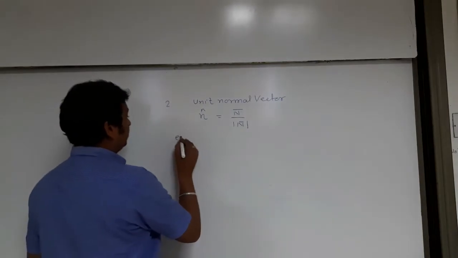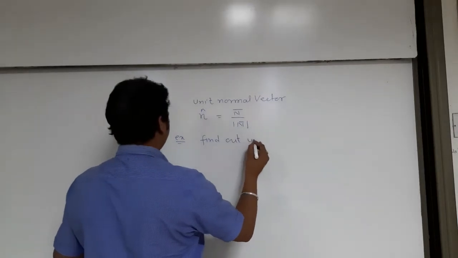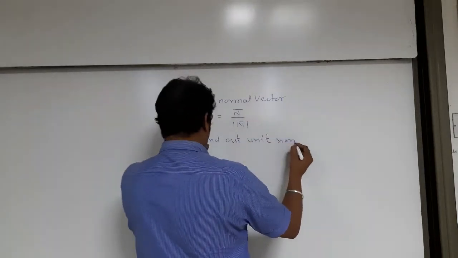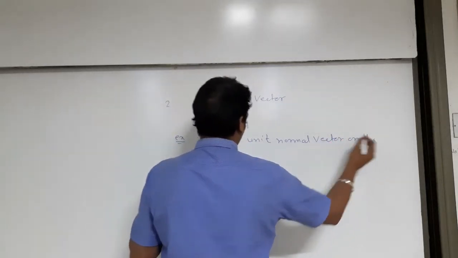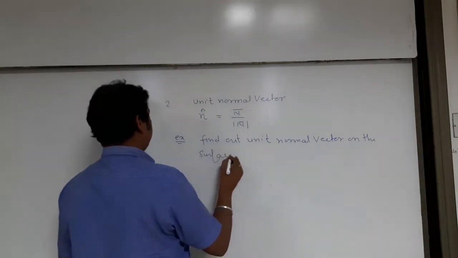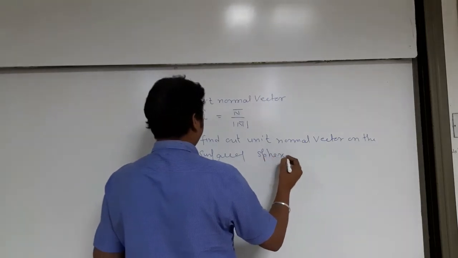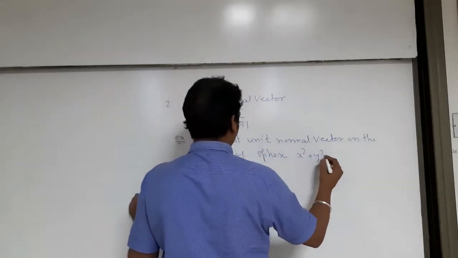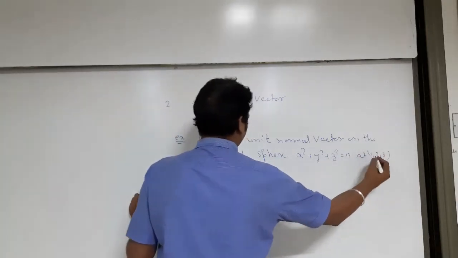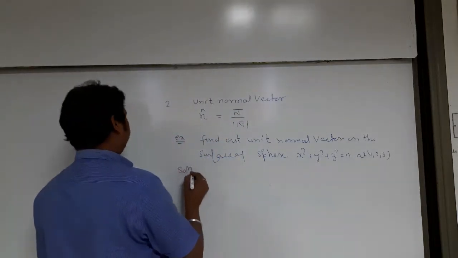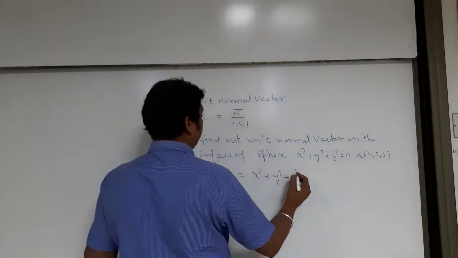For example, find the unit normal vector on the surface of the sphere. How do we calculate? Phi is x square plus y square plus z square minus 9.